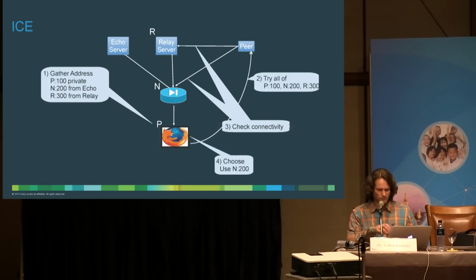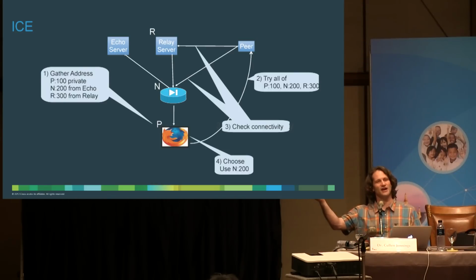So the first thing we do is gather all of our existing addresses on the actual machine, v4, v6, whatever might work. Next, we try and discover the outside address of the NAT, and that's done using a protocol called STUN. The way STUN works is you send a packet out to a public STUN server, and that STUN server tells you the address that the packet appeared to have come from.